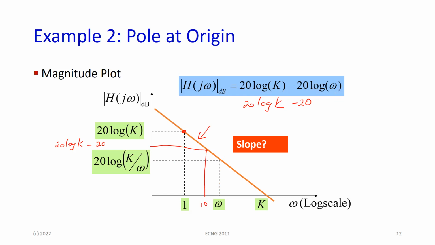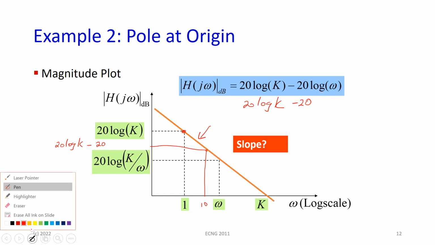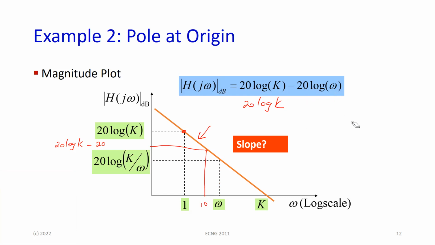So what is the difference between those two? For omega equal to 1 we have 20 log K, and when omega is equal to 10, we have 20 log K minus 20.